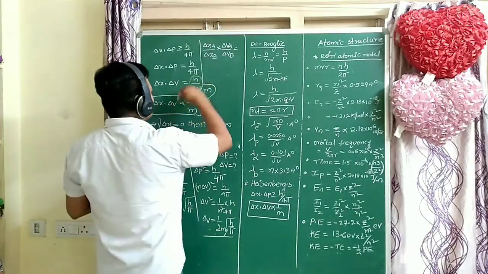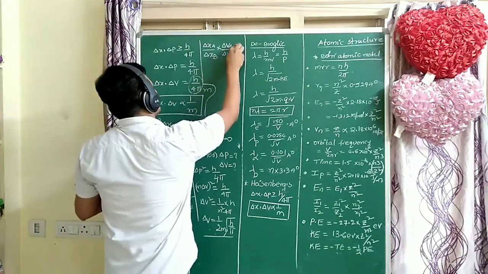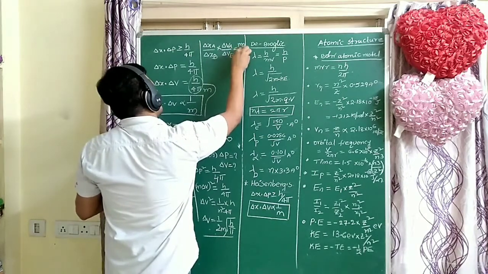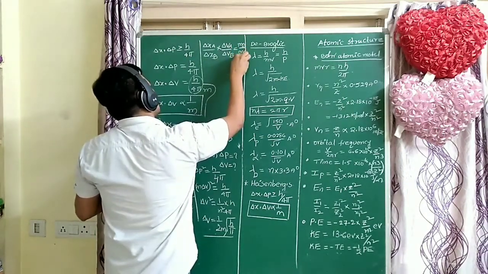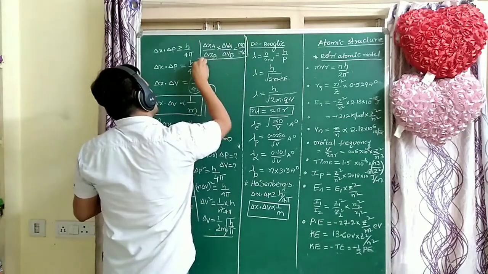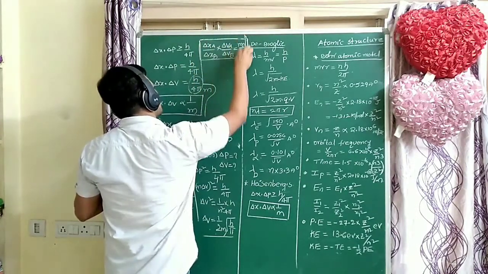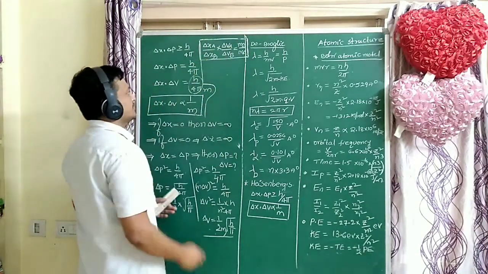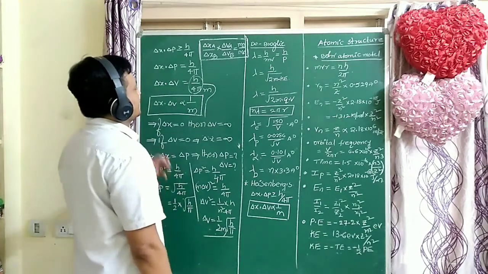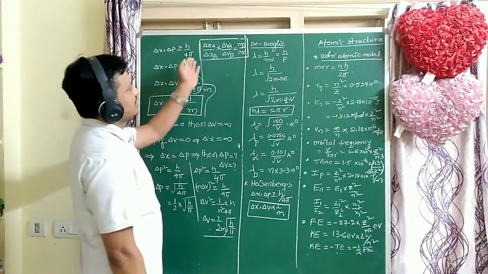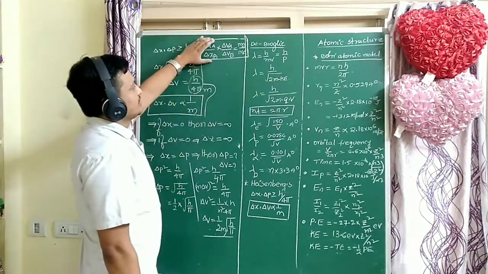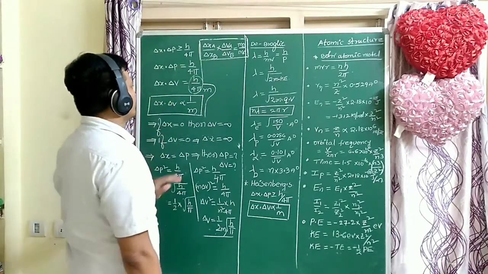The constant cancels in both cases, so that equals mb by ma. This is a very, very important relation for two particles. For two particles, if delta x or delta v is given, you have to calculate the remaining one using this formula.